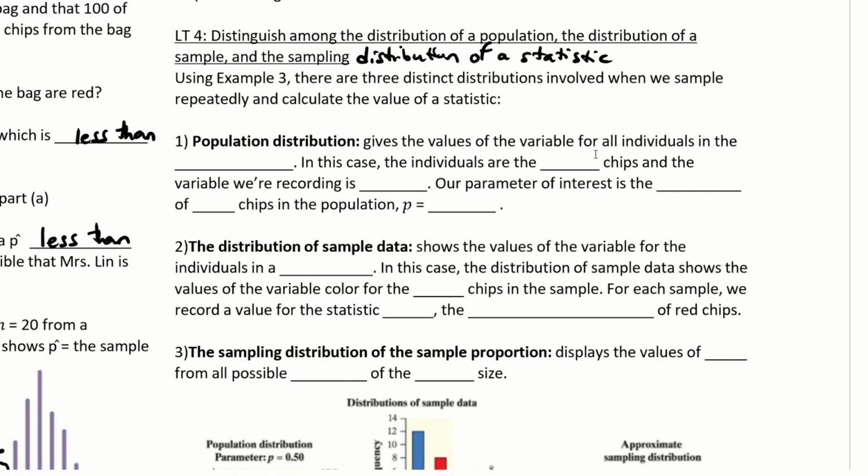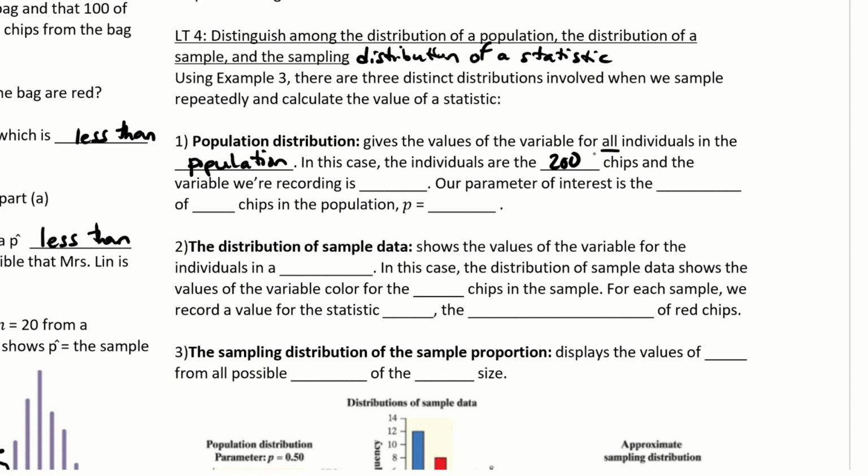So the population distribution is basically what it sounds like. You're doing the entire population. So it gives the values for all individuals in the population. In this example, the individuals are the 200 chips, right? And the variable we're recording is color.